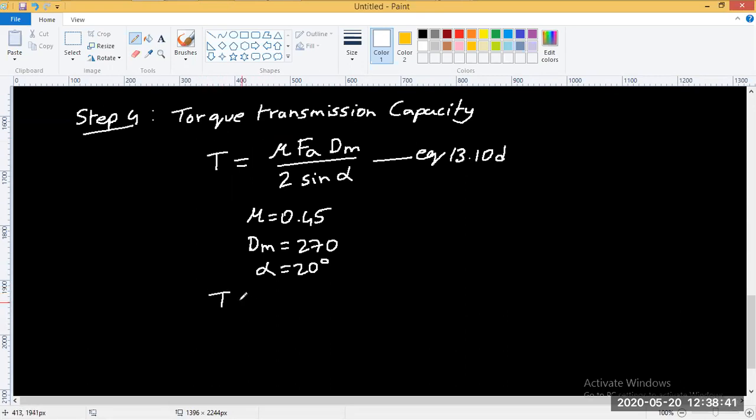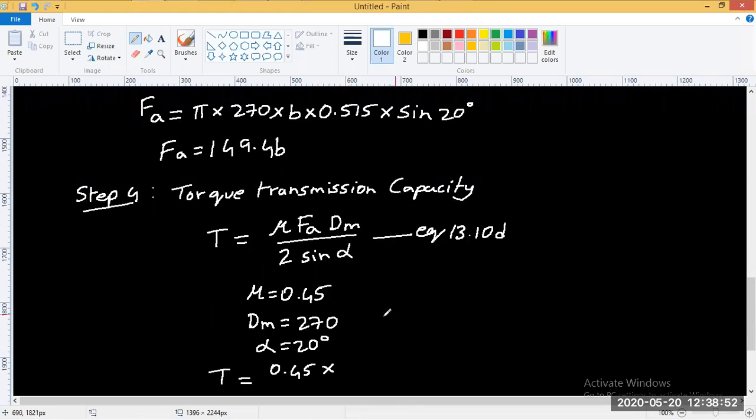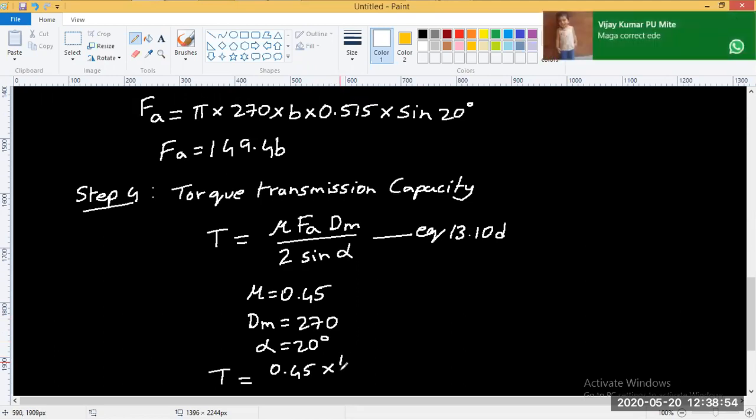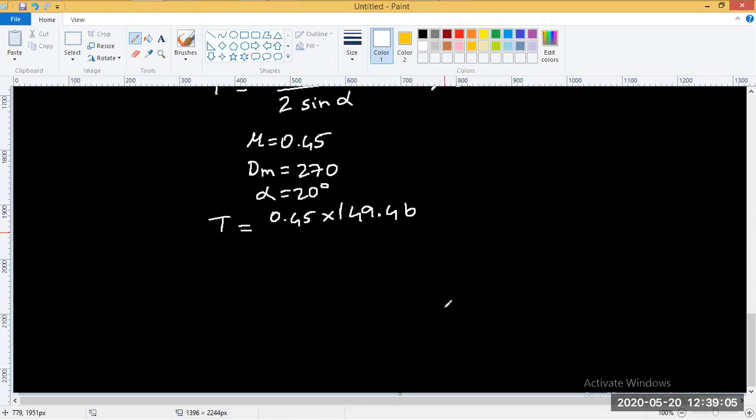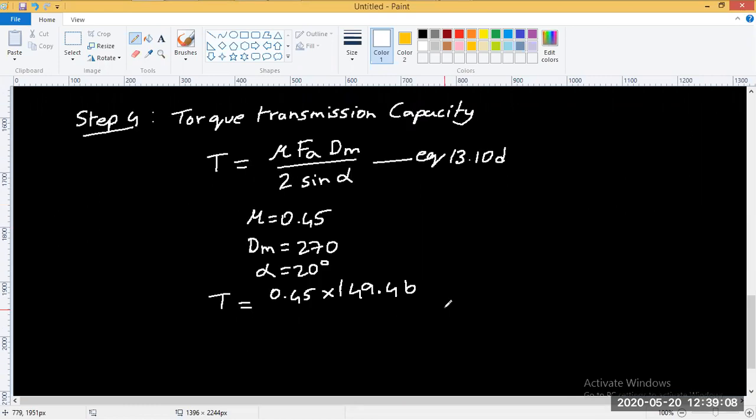Let's check it out. Torque T is mu 0.45 times FA, 149.4 B, into dm 270, whole divided by 2 into sine 20 degrees.